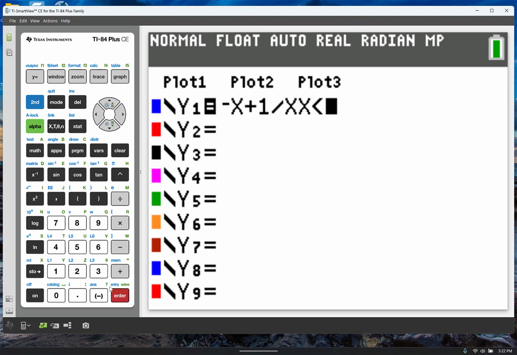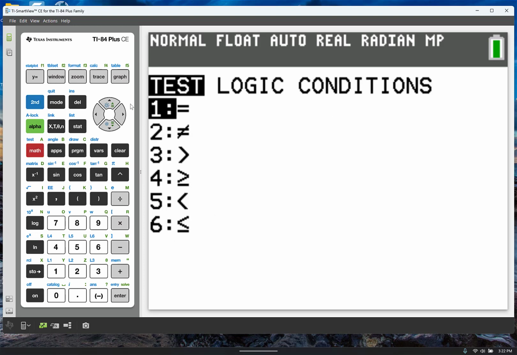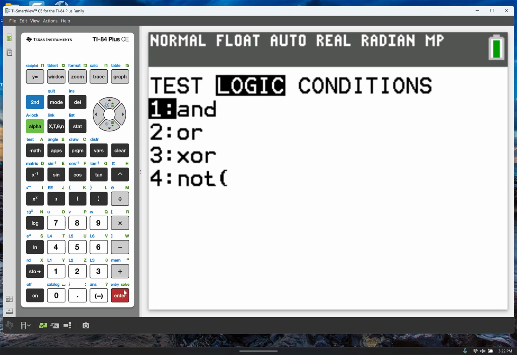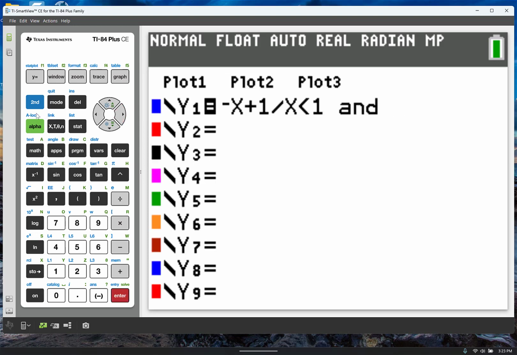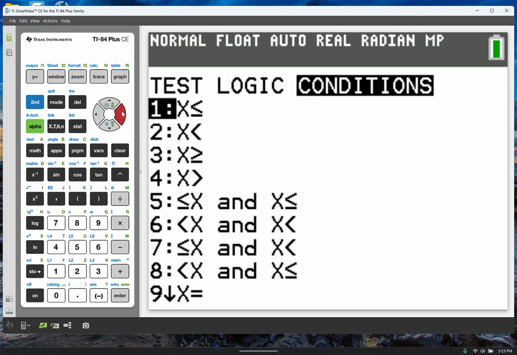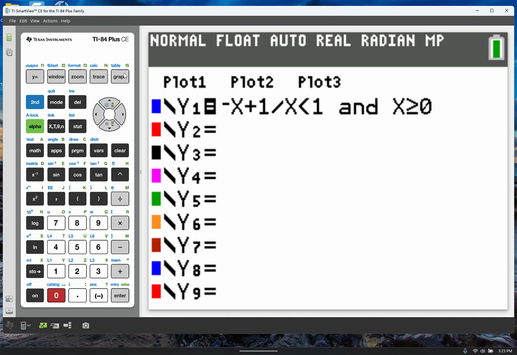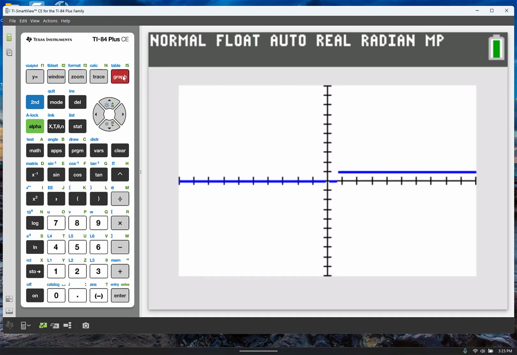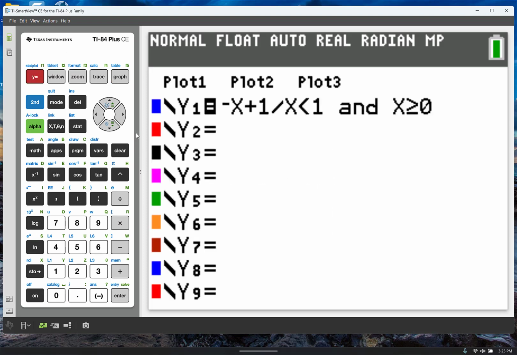X less than 1, and second logic, and x greater than or equal to 0. Okay, let's see if it's going to do it. I've never done it. Dang it, it didn't do it. I was so confident too.